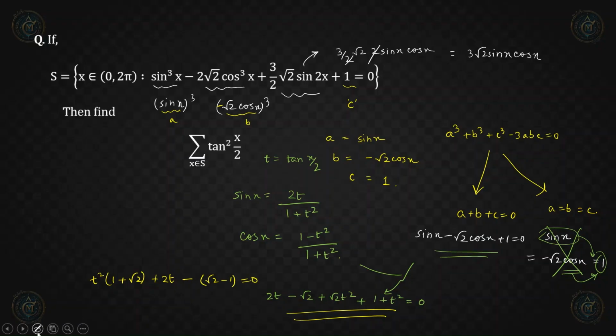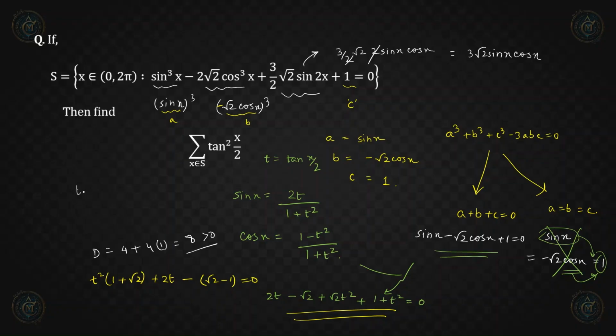If we check the discriminant of this quadratic equation, we get D equal to 4 plus 4 times 1, since the product of these two is 1. So this will be 8. So D is positive. That means we have two distinct real roots of this equation, two distinct possible values of tan x by 2. Okay.